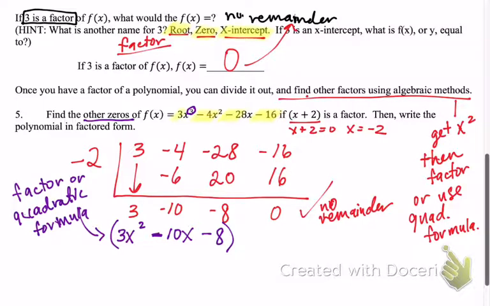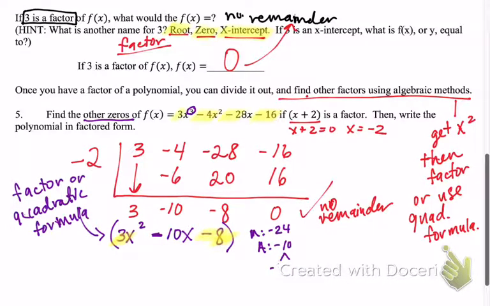So I need two numbers that multiply to get negative 24, because I'm multiplying a times c, and I need two numbers that add to get negative 10. So I could use negative 6 and, nope, that will not work.